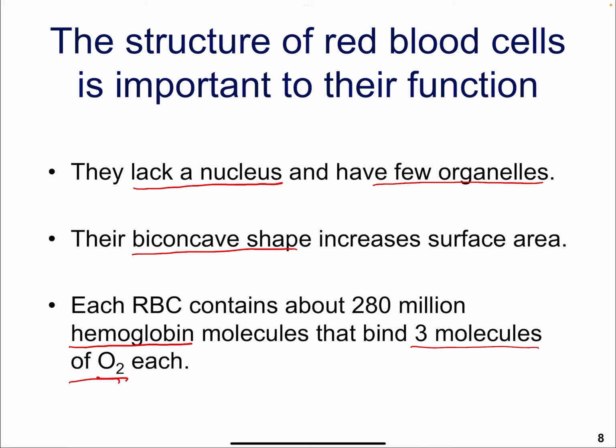Now, I'm not going to ask you how many molecules of hemoglobin are in a red blood cell. That is not important for me. But what is important is for you to know that red blood cells contain hemoglobin molecules, and hemoglobin molecules are the ones that are catching oxygen to carry that oxygen to its final destination.